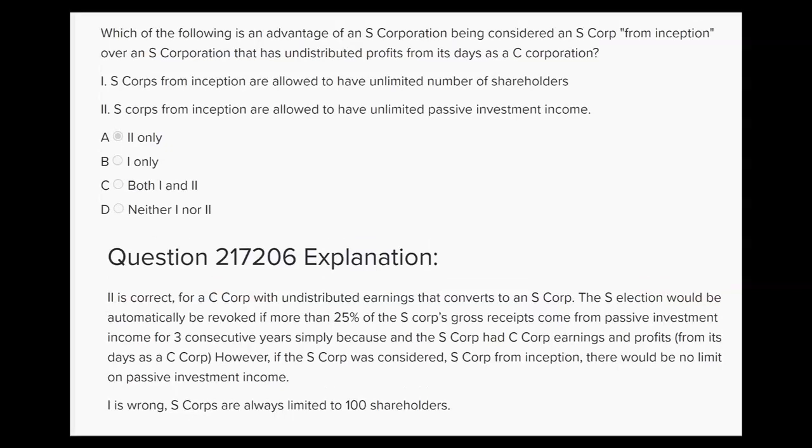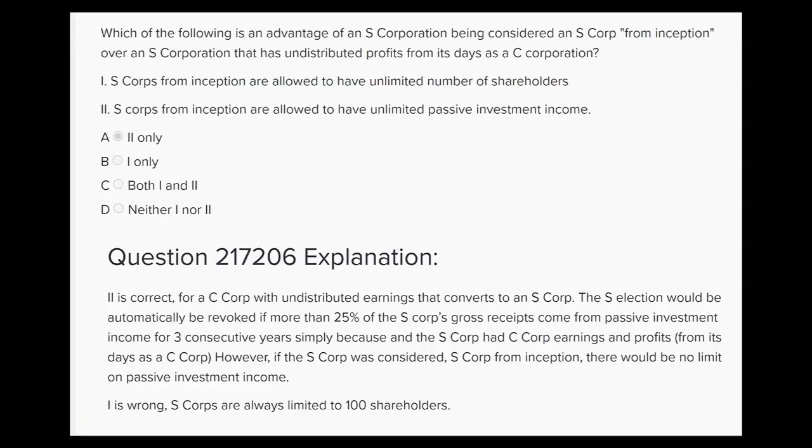2. S-Corps from inception are allowed to have unlimited passive investment income. Yeah, that's true. There are advantages of being S from inception, and that's one of the advantages, that there's no limit on passive investment income. Whereas if you started out as a C Corp and you had undistributed earnings and then you convert to an S Corp, the S election would be automatically revoked if more than 25% of the S Corp's gross receipts come from passive investment income for 3 consecutive years.